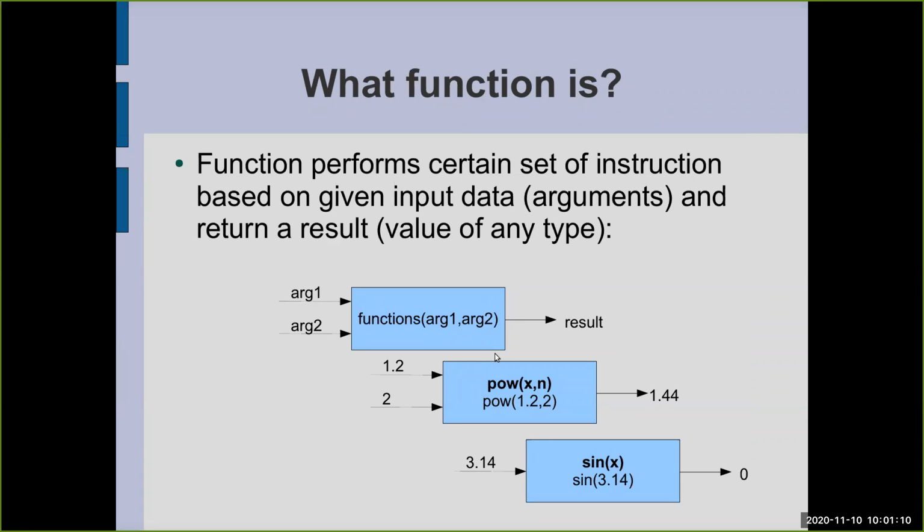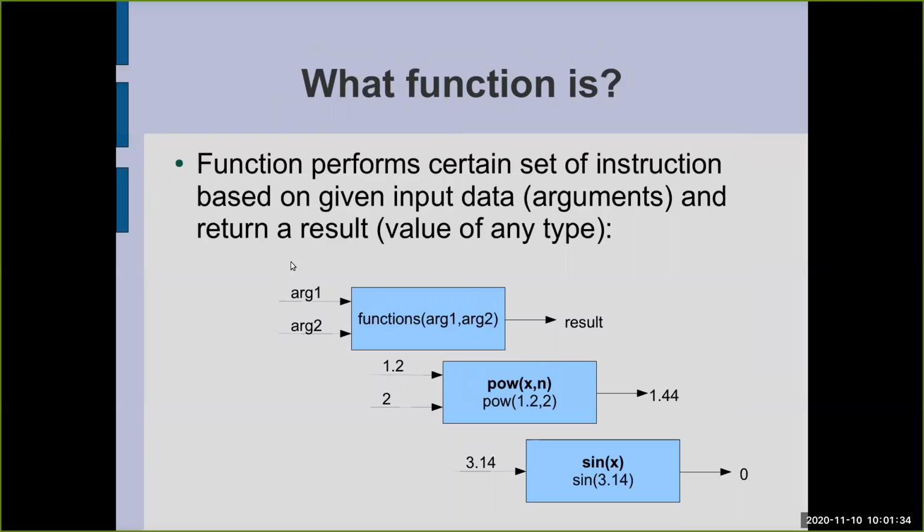So far, you have used many functions, I guess. For example, if we take the pow function, it exponentiates the first argument, and here we have the exponent, the first argument is the base.